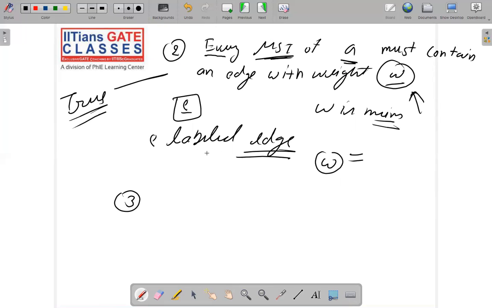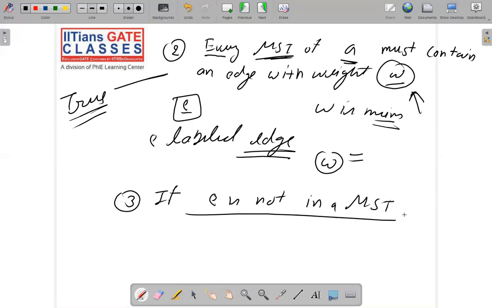Another one is, if this E is not in an MST, what does it indicate? It indicates that there is a cycle in the given graph, because a minimum spanning tree can't have a cycle.